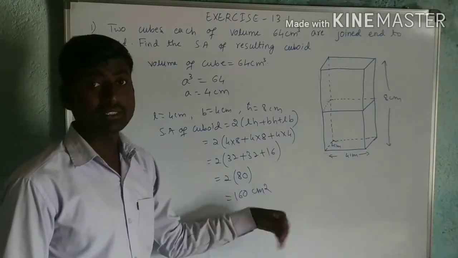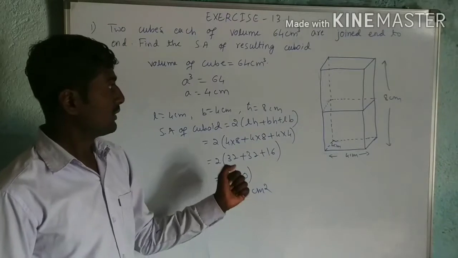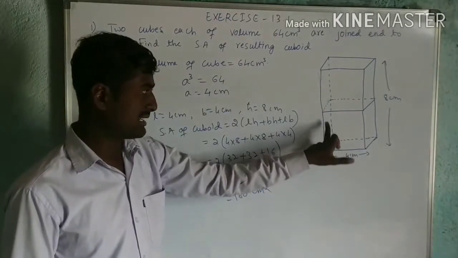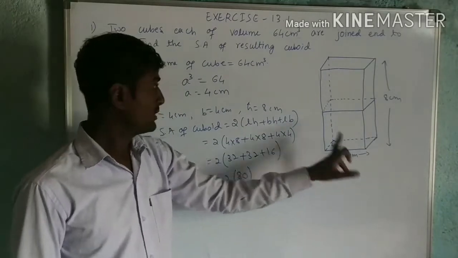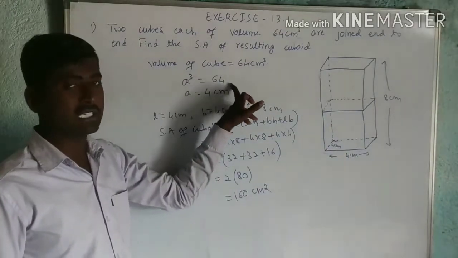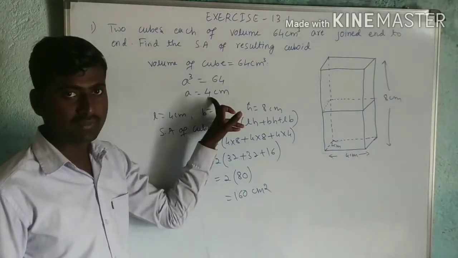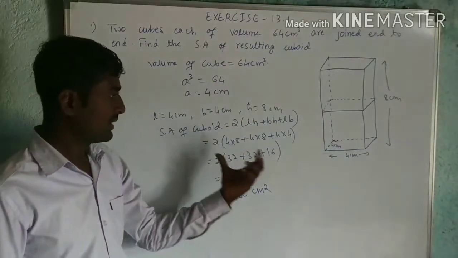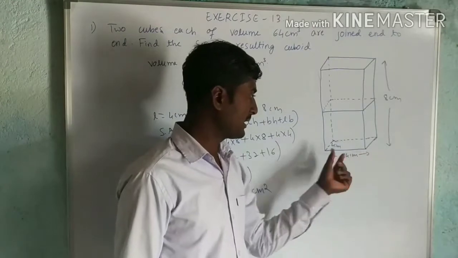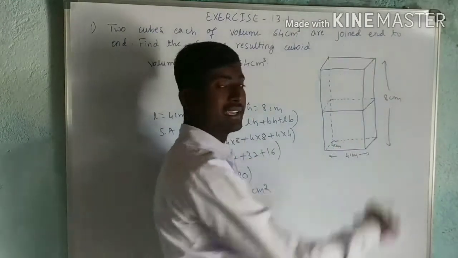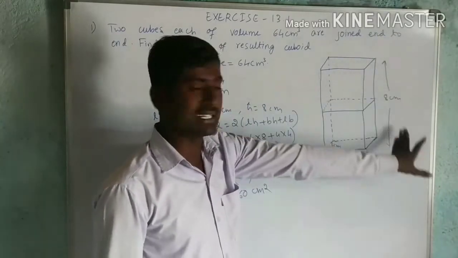Okay. Now here, the volume of each cube they gave. So the edge of this cube I have taken as A. So volume will be A cube, 64. From this, cube root of 64 is 4. Edge of this cube is 4. Now this is 4 centimeter and this is also 4 centimeter. 4 plus 4 is 8 centimeter. Height I have taken as 8 centimeter.